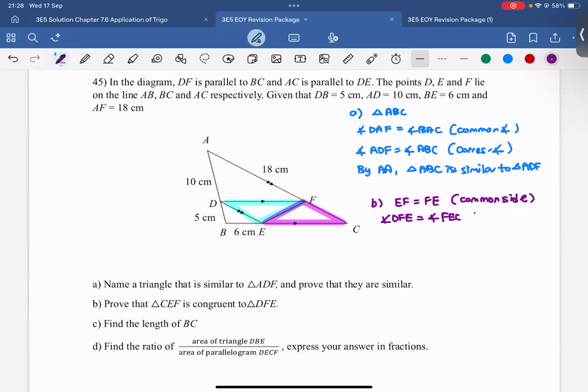Reason: alternate angles. Then DF equals EC. Angle DEF equals angle EFC. Reason: alternate angles. Please check that your angle is covering the side. We use these two angles and this side. So by ASA, triangle CEF is congruent to triangle DFE.